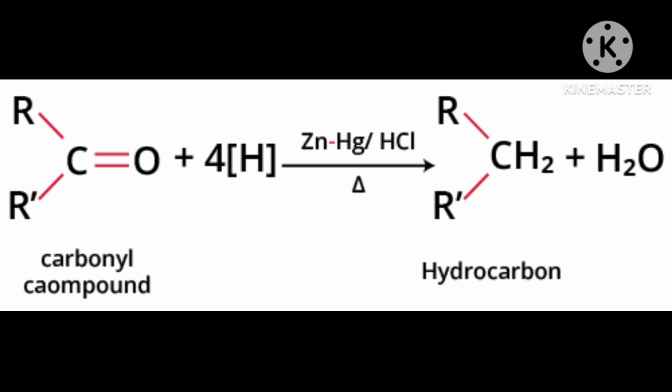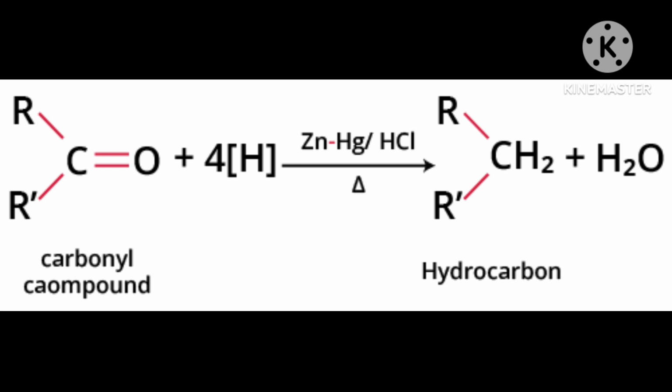as well as by catalytic hydrogenation. Many times I have discussed this reaction, that aldehyde and ketone will convert to alcohol. It will reduce to primary and secondary alcohol. Aldehyde will give primary alcohol and ketone will give secondary alcohol.